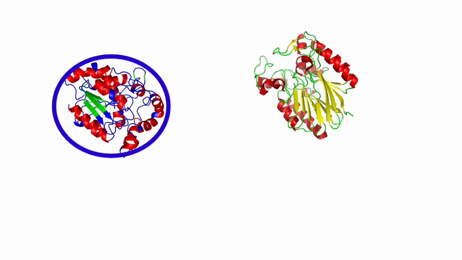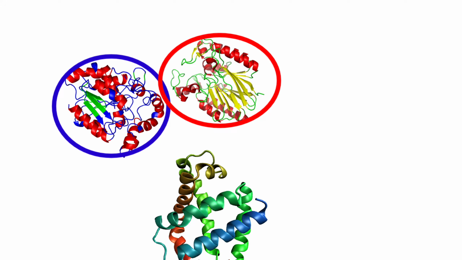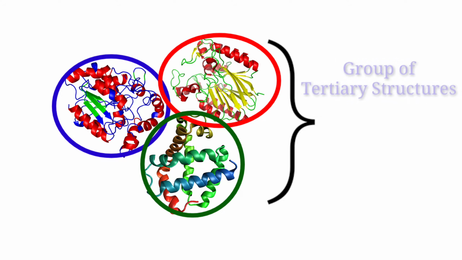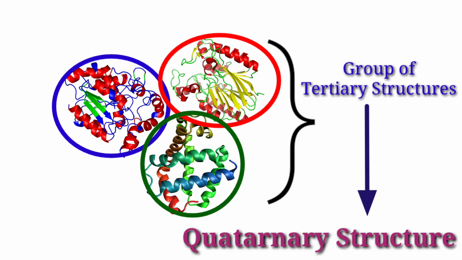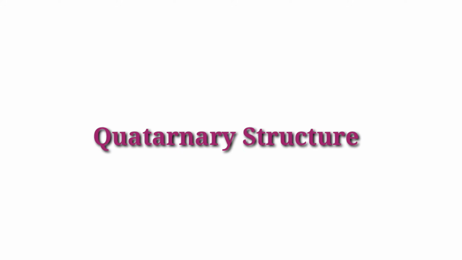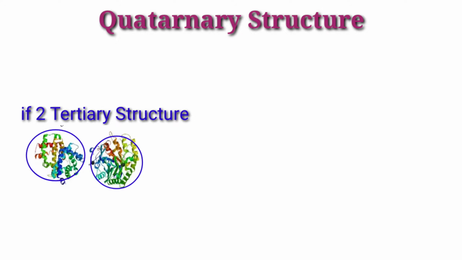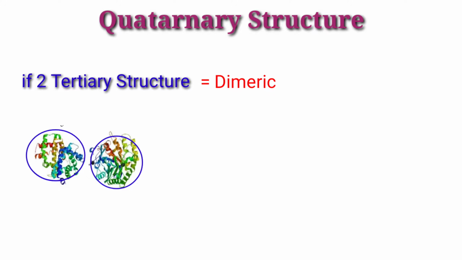In this way, one tertiary structure combines with other tertiary structures, maybe 1, 2 or depends on the situation. The group of these tertiary structures is known as quaternary structure, the highest protein organization. If a quaternary structure contains 2 tertiary structures, then that quaternary structure is known as dimeric protein.